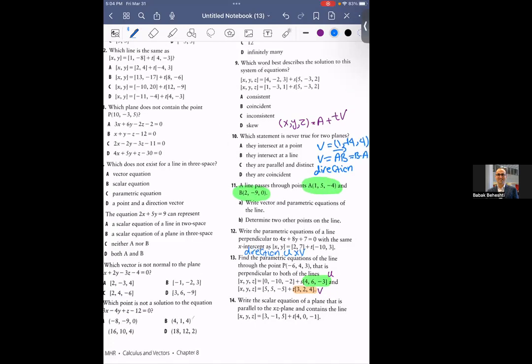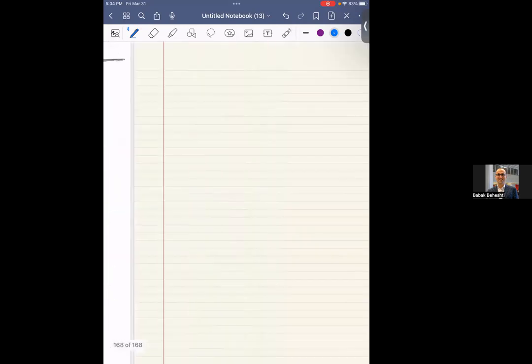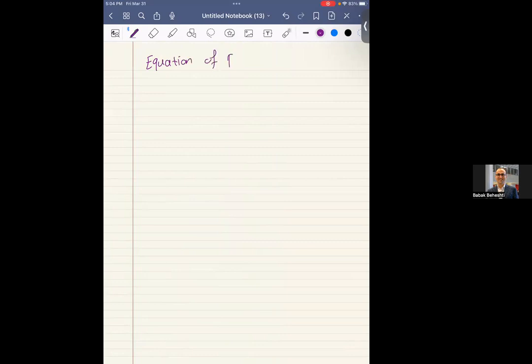Okay. Next, we have equations of planes. There are two, or say three, ways to write the equation of a plane.